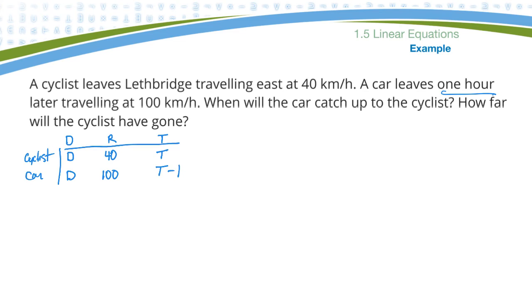So here's a table that I can use to help me look at the relationships between them. In both cases, the distances are the same and the t's are the same. The car has traveled 1 hour fewer, but the value for t will be the same. So if the cyclist goes 10 hours, then the car will be 10 minus 1, or 9 hours.